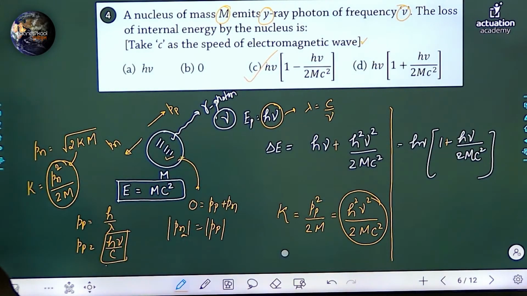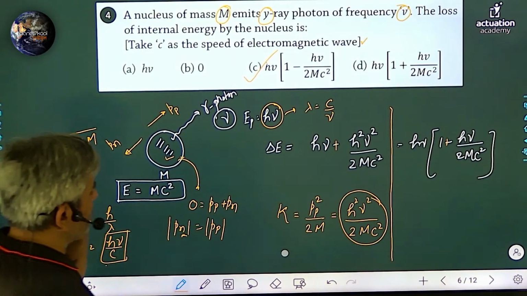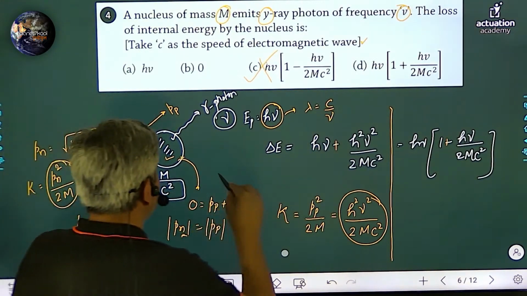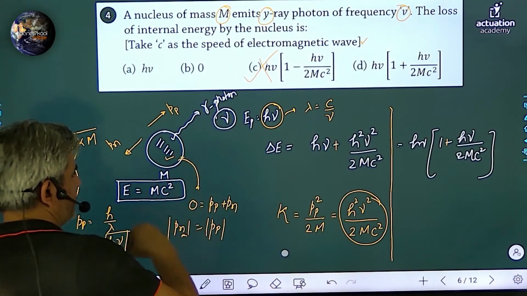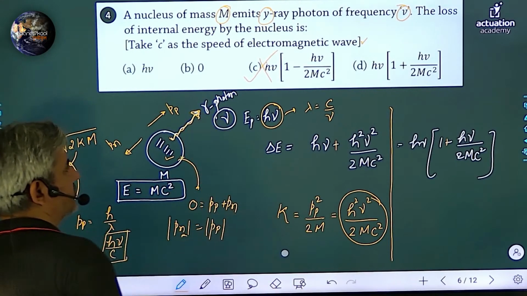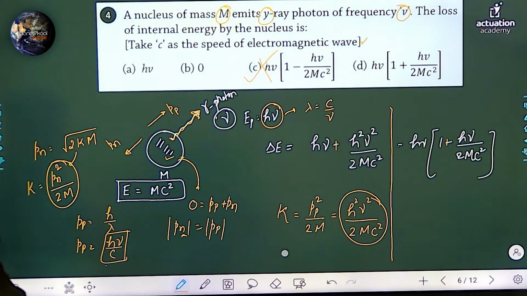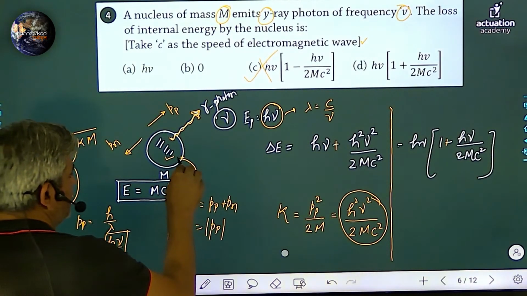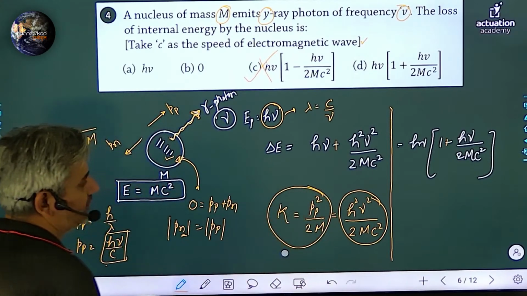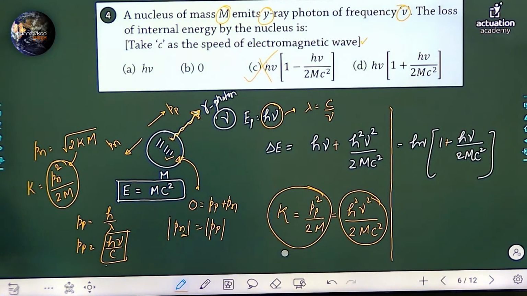So we need to find the total loss. This is not that one, because the overall energy which has been lost is such that some of the energy is transferred to the photon, and some of the energy has gone into the kinetic energy of the nucleus.